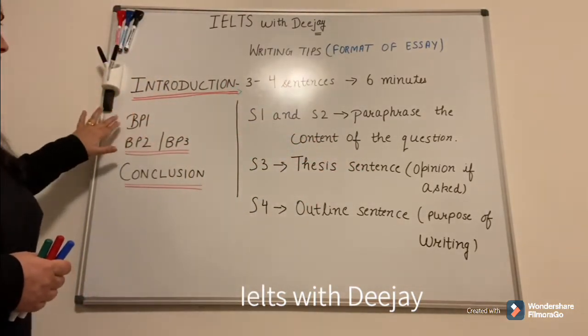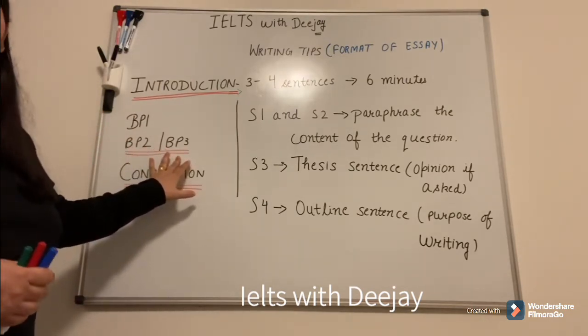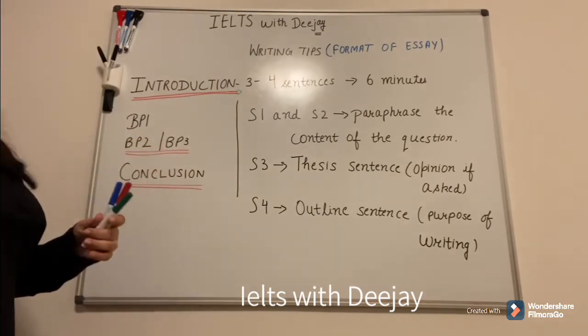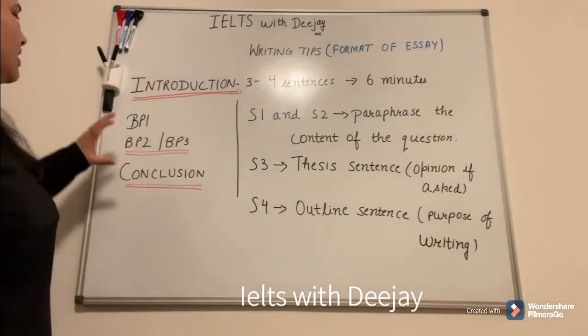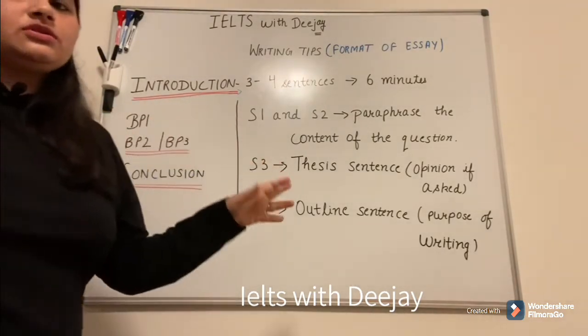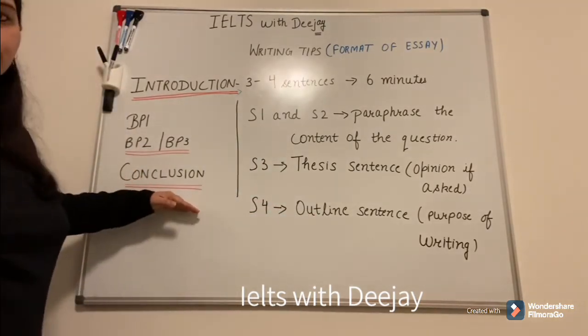Then we have to write BP1, BP2 and BP3. We can have 3 BPs maximum, but the main thing is to have 2 BPs. That is important if you want to score good bands. BP3 in some questions you can make, that is okay. And then we should have a conclusion.